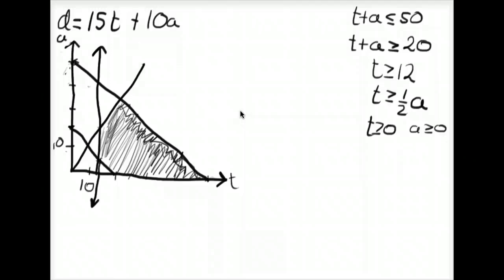So let's say we want to find the portion of the region in which the cost is less than some fixed amount, or let's say just $600,000. So what that would mean is we'd have 15t plus 10a is less than or equal to 600.